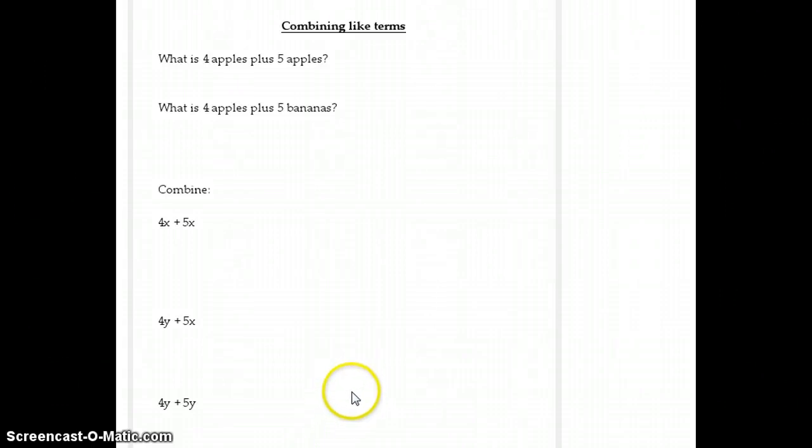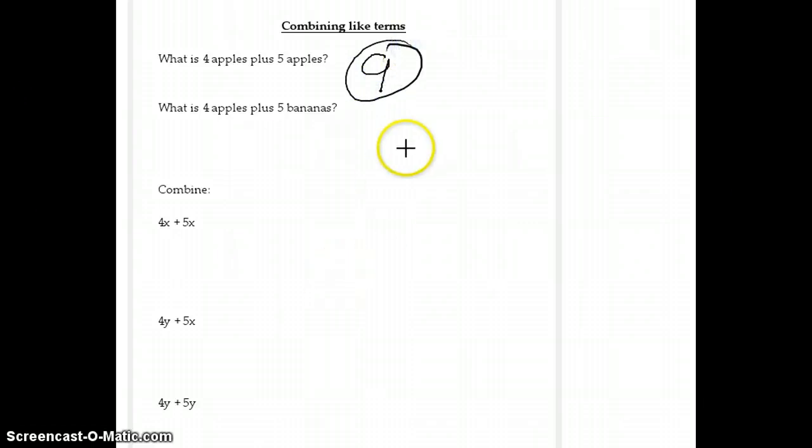So as we look at combining like terms, let's think about it this way. The first example up here is 4 apples plus 5 apples. If I told you that Bill had 4 apples and John had 5 apples, and we asked how many total apples they have, I don't think there's anybody who would deny that there are 9 apples. We'll make it an A, okay?